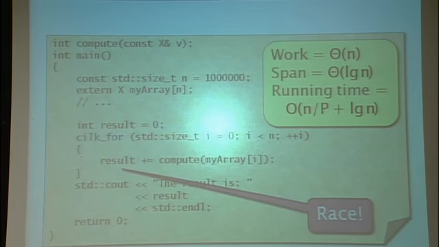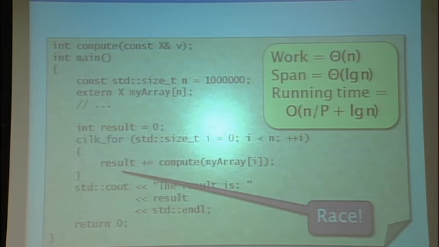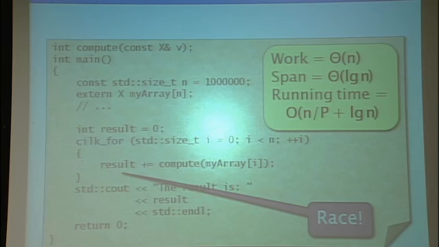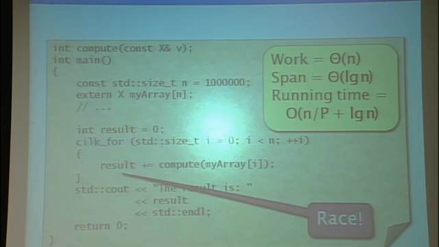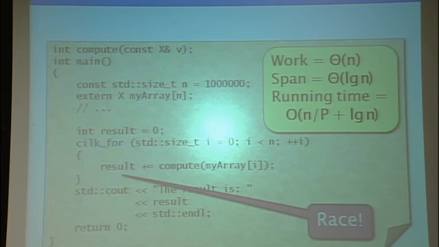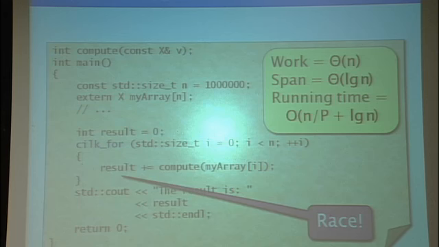If you remember the greedy scheduling, it's going to be something like this, because this is the work over p plus the span. So we expect that if n over p is big compared to log n, we're going to do pretty well, because we have parallelism n over log n.